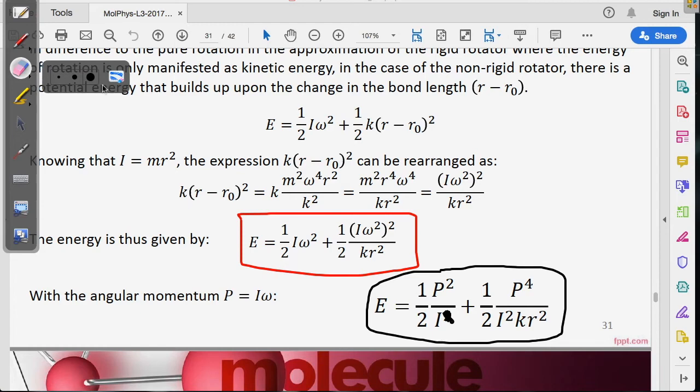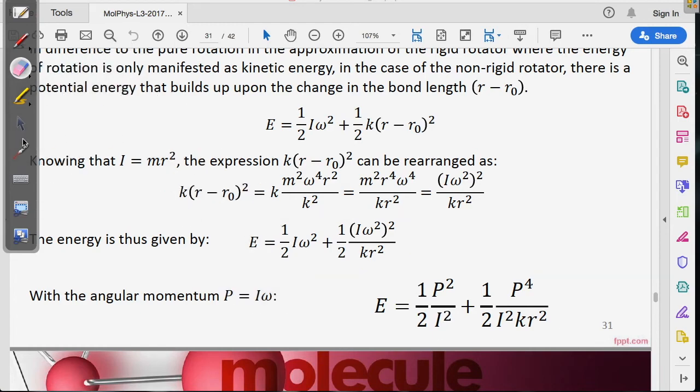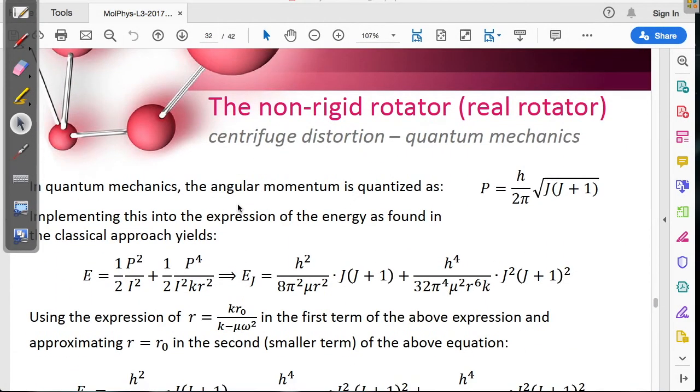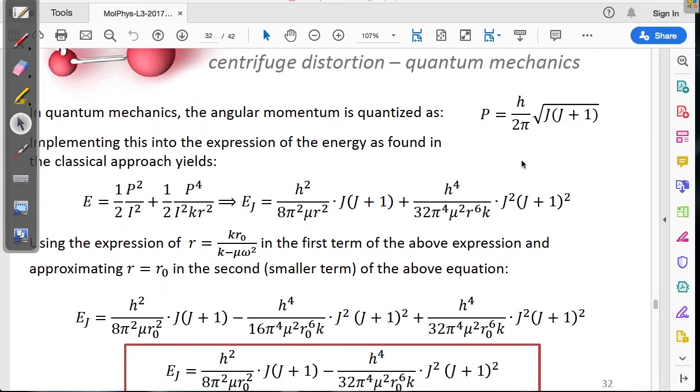Now in quantum mechanics, this angular momentum is basically quantized as h over 2π, or ħ, radical j(j+1), with j being the quantum number. So if we implement this expression into the energy, again here you have to consider this correction that I should make.